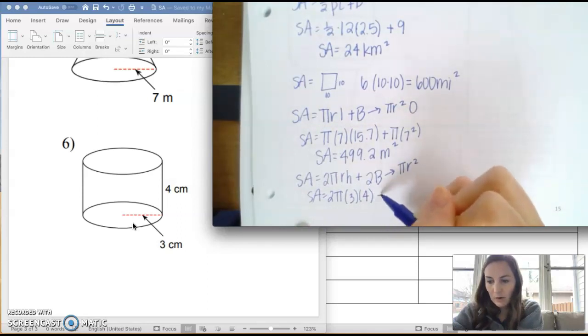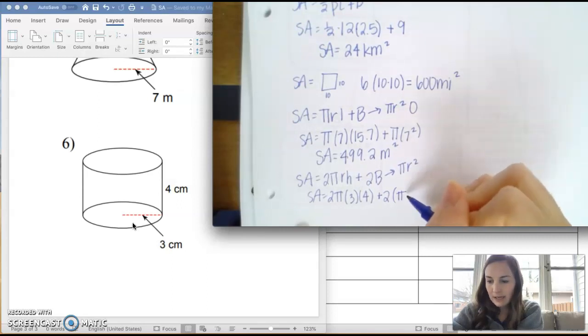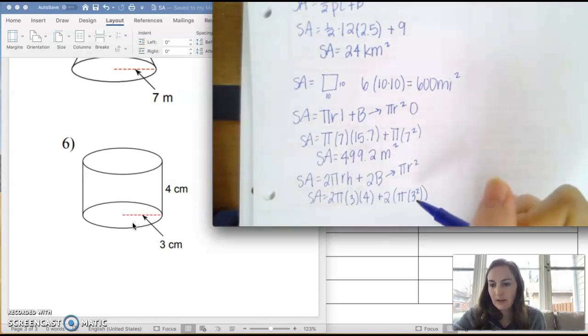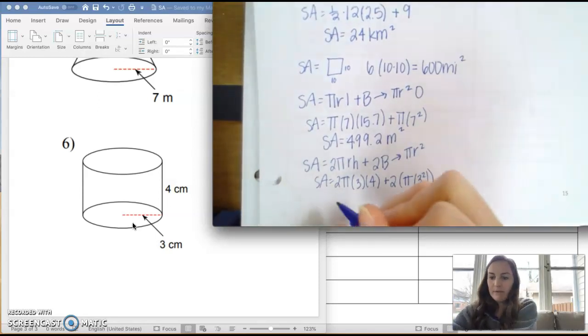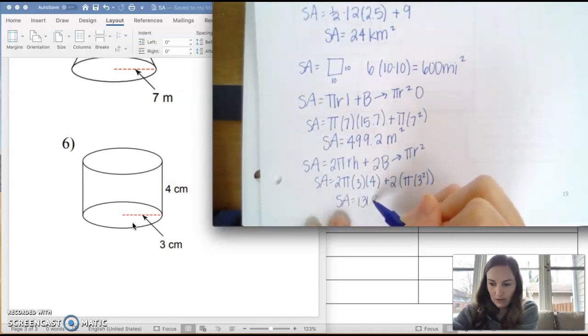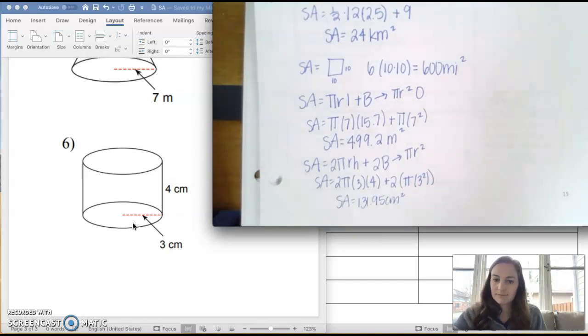Our height is 4. Plus 2 times pi. And once again, our radius is 3 squared. So radius, height, and then radius again. And when we simplify this, we get that the surface area is 131.95 centimeters squared. So all of the examples for today, just those 6.